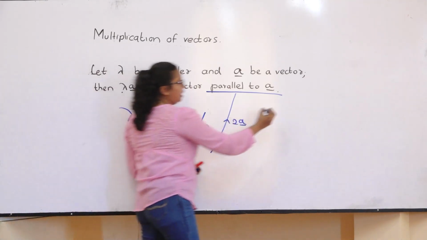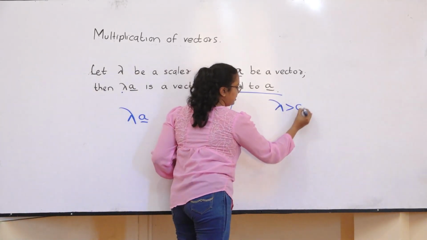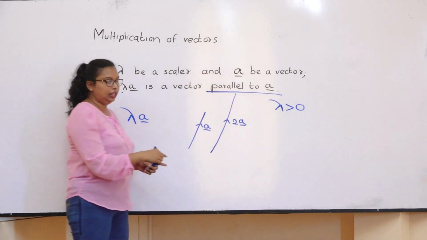So, once this lambda is a positive value, lambda is greater than 0, that is similar to this example, right?